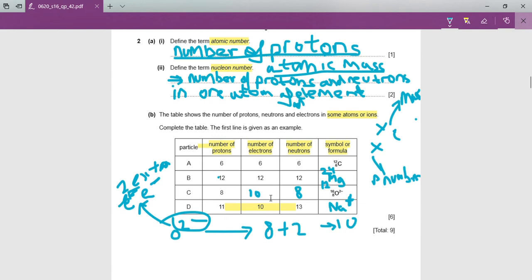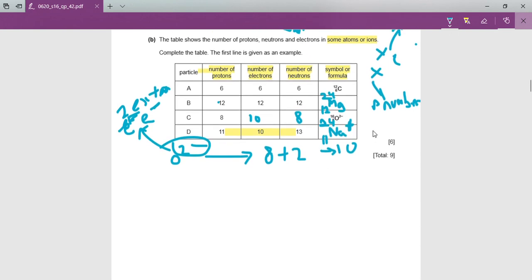It has 13 neutrons and 11 protons. So it has 11 Na 24. This should be your answer: 24, 11 Na plus. That's the sodium ion. I'm just writing it so you know, and that's the magnesium from before.